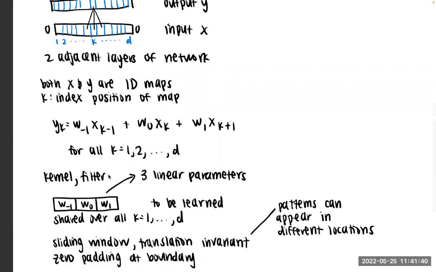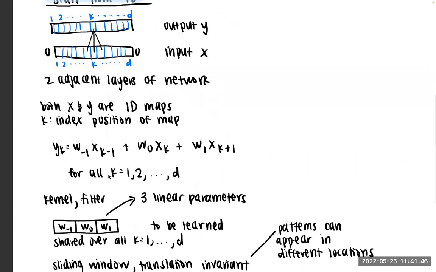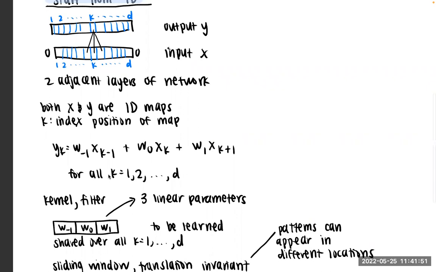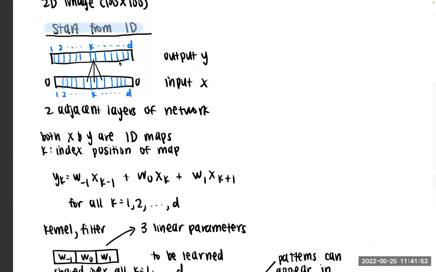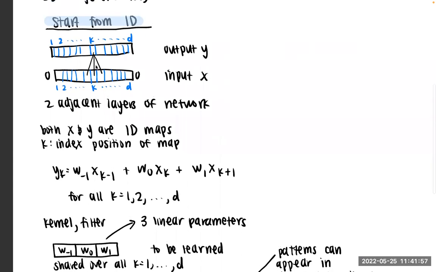Therefore, we use far fewer parameters, and this model uses only a small fraction of the parameters of a multi-layer perceptron. Also, if you look at the connections, this node is only connected to 3 nodes of x, and this one also just connects to 3 nodes of x.